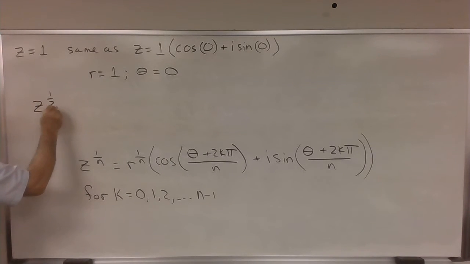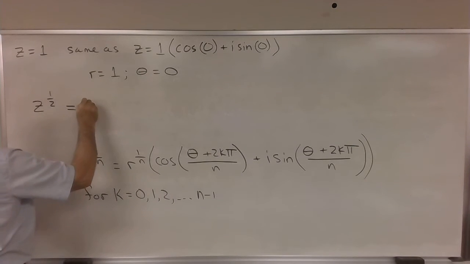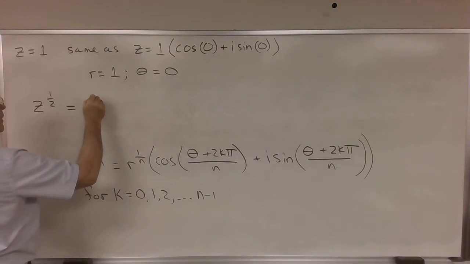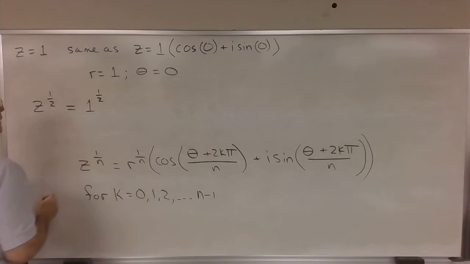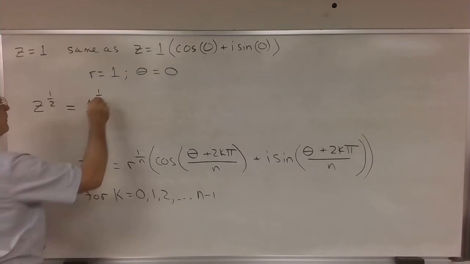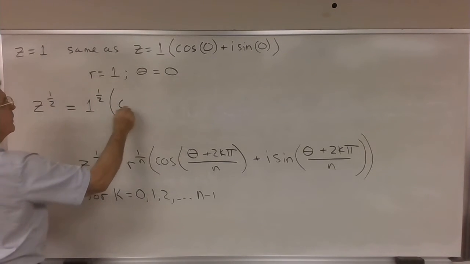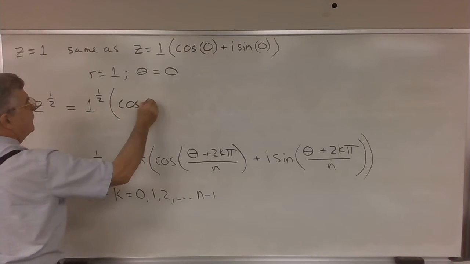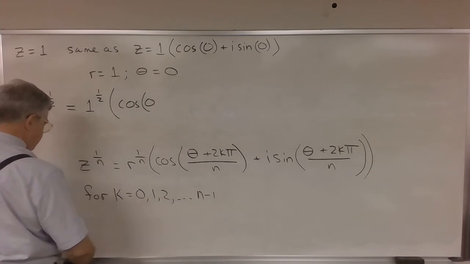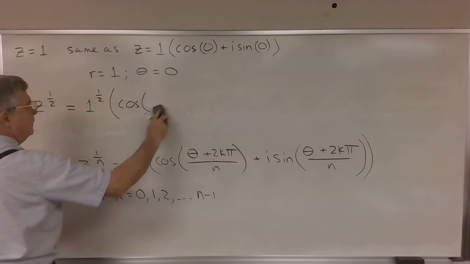What about the square root of 1? That's going to be equal to the nth root of r, cosine of theta. Oops, I didn't write that correctly.